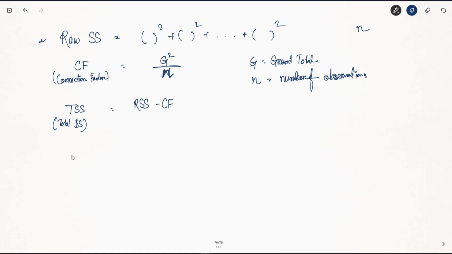Now what is the treatment sum of squares, or the sum of squares due to treatment? SS due to treatment is given by the sum of T1 squared, T2 squared, up to Tk squared, divided by the number of observations per treatment, minus CF.